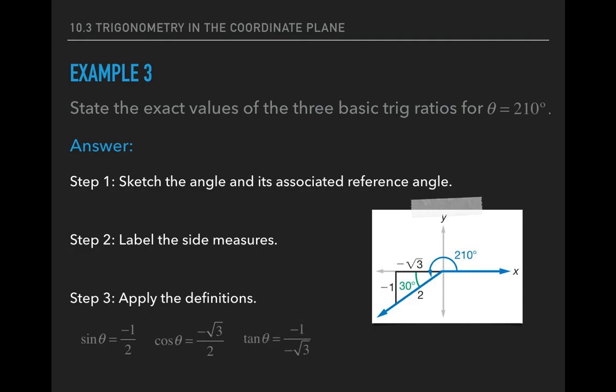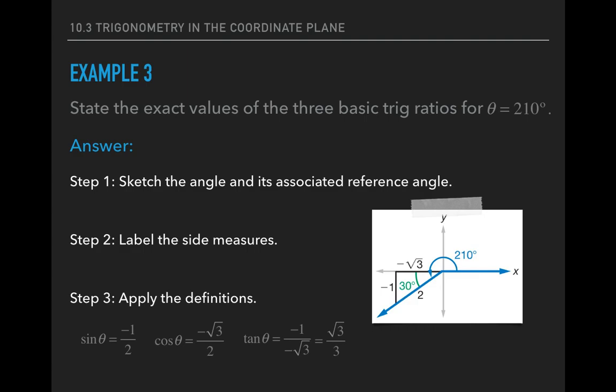And tangent will be, SOHCAHTOA, opposite, which is -1, over the adjacent, which is the negative square root of 3. Okay, so we can't leave that answer with a radical in the denominator. That will give us square root of 3 over 3. The negatives have canceled out, and our final answer would be the square root of 3 over 3.